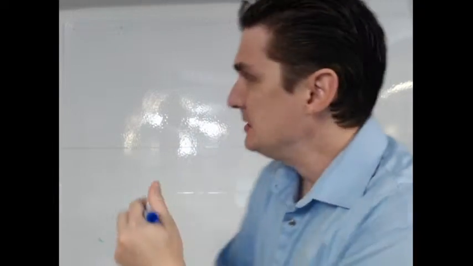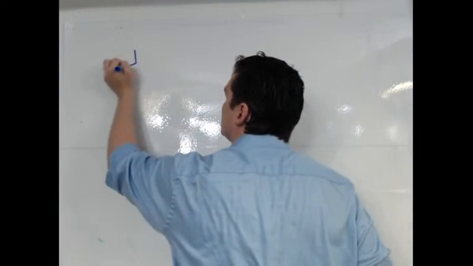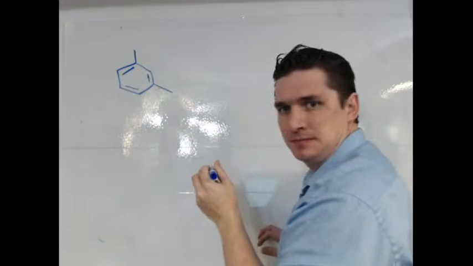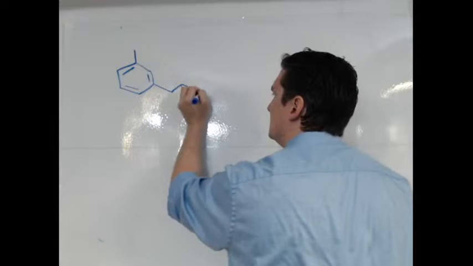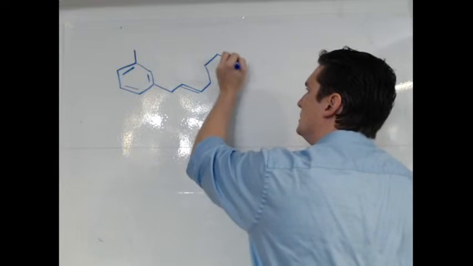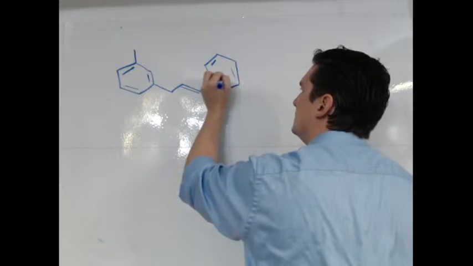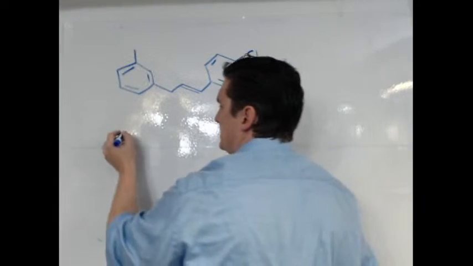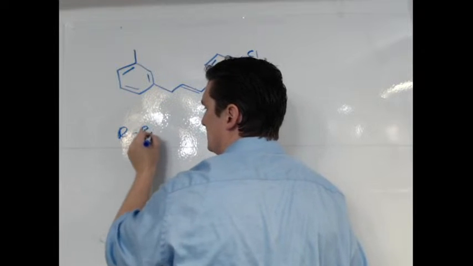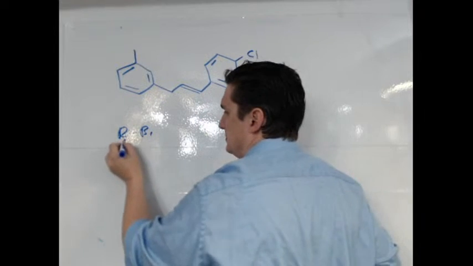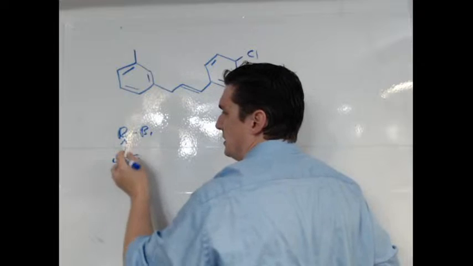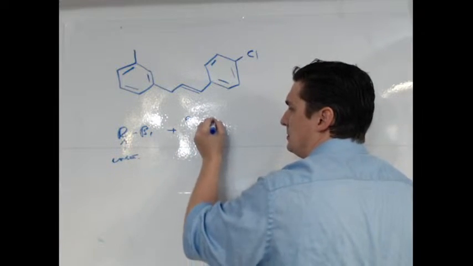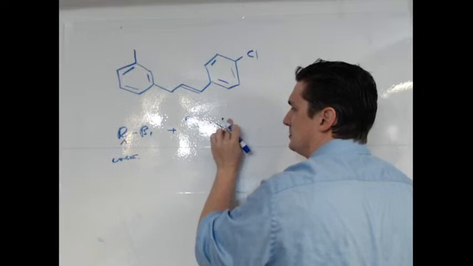Okay, so the Heck reaction is actually pretty straightforward. What we're looking for with a Heck reaction is an unsaturated R group attached to a bromine, plus a bromine attached to a carbon attached to a double bond.